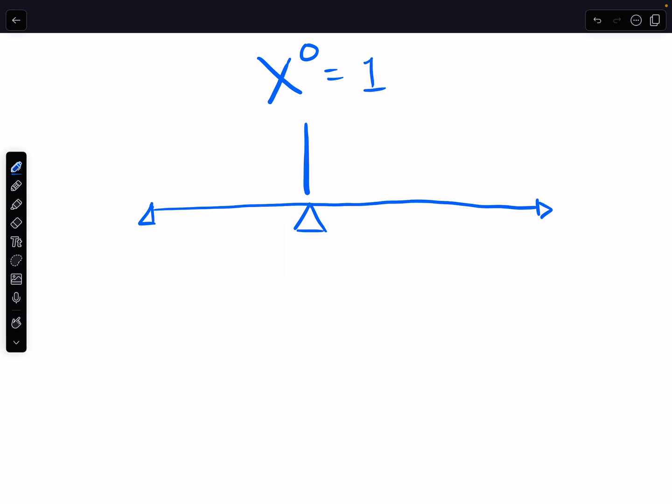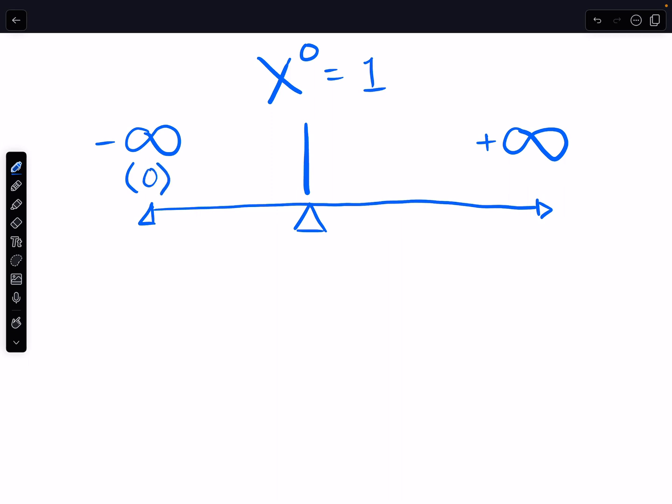So we can have positive infinity to the right and negative infinity to the left. But another way to write negative infinity is 0. What do I mean by this?